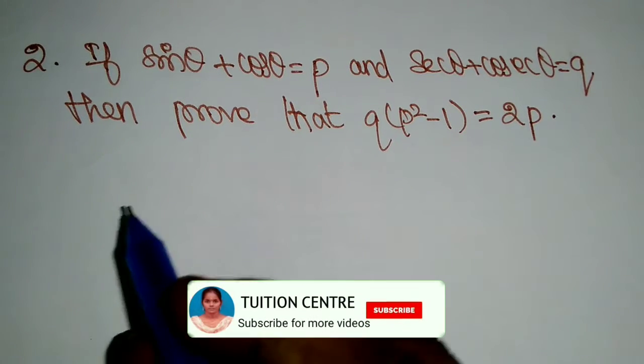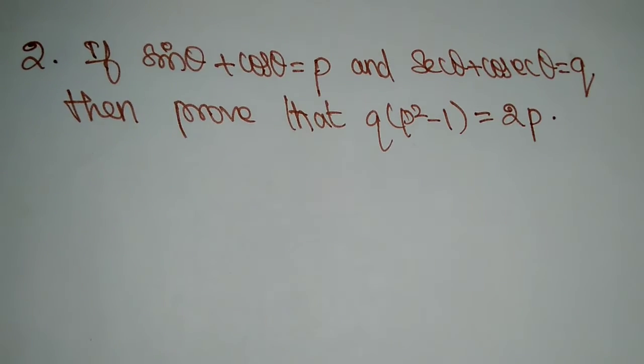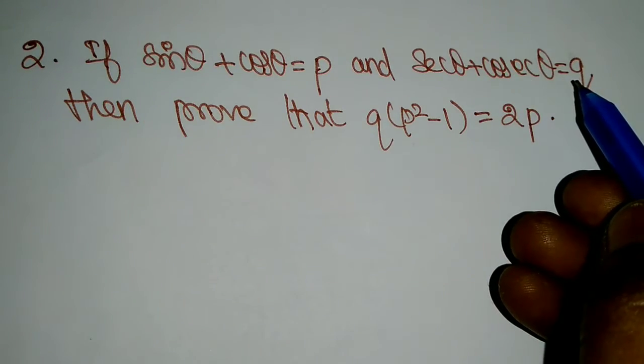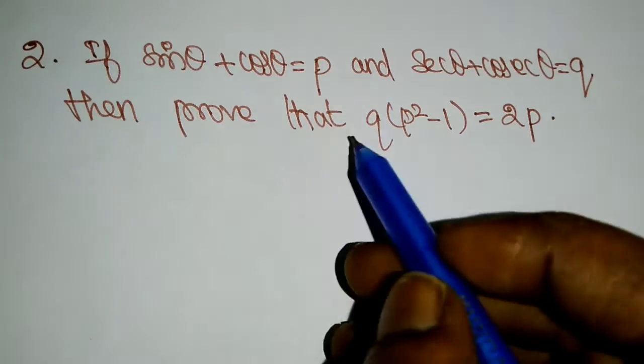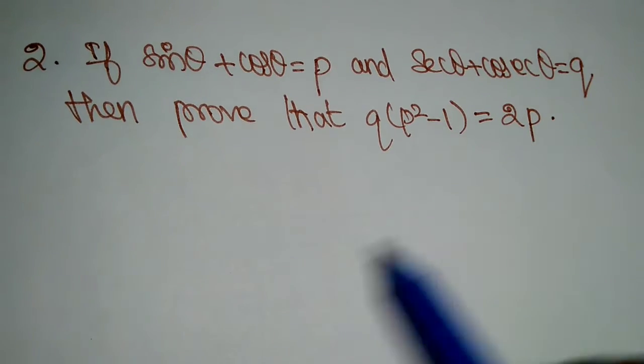Second problem: if sin theta plus cos theta is equal to P and secant theta plus cosecant theta is equal to Q, then prove that Q into (P square minus 1) is equal to 2P.